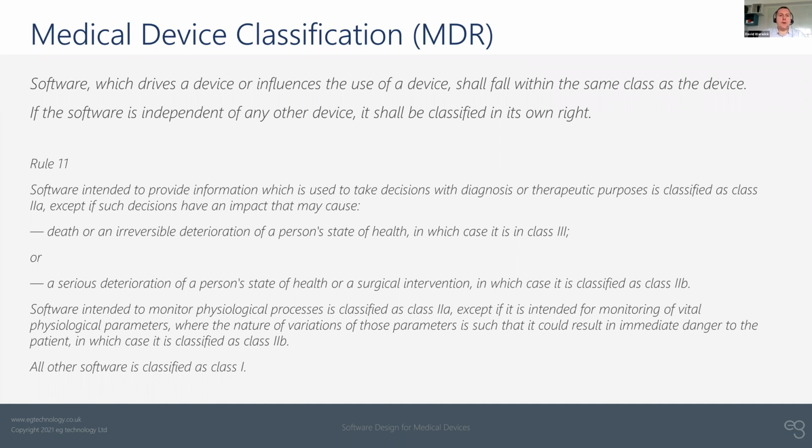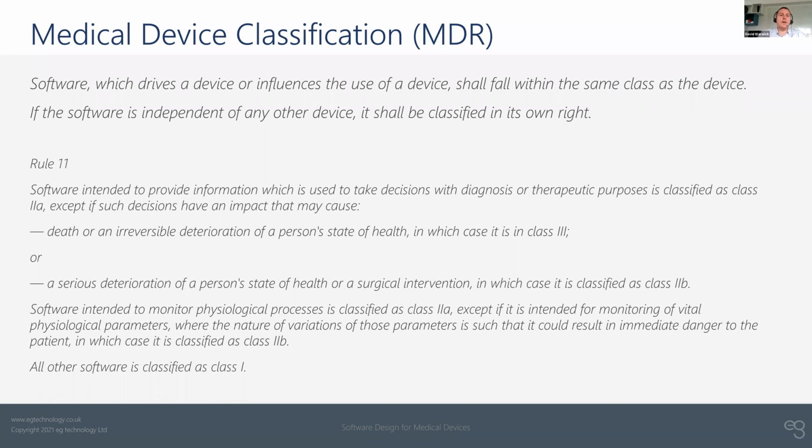But first, it's just worth talking briefly about the wording in the MDR. So I just said that you need to think about the classification of your entire device to help you start thinking about the risks inherent in the software. At the start of Annex 8, there's a section which talks about software which drives or influences the use of a device, falls into the same class as that device.